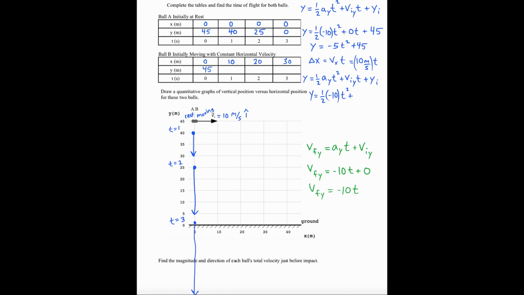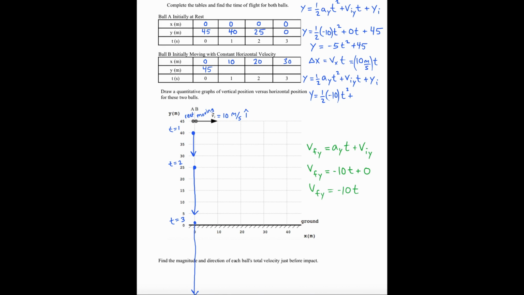This is an issue that a lot of people make a mistake on. Sometimes people will look at ball B and see that it's moving with 10 meters per second, and they may want to plug that in here. But you can't, because that is a horizontal component of velocity. This velocity is completely in the horizontal dimension.